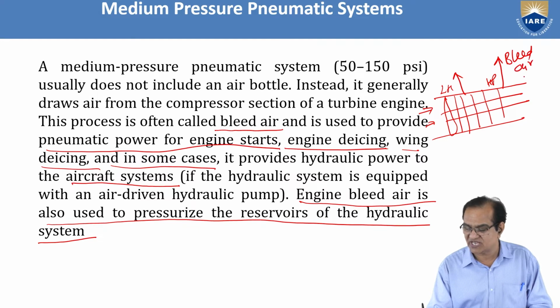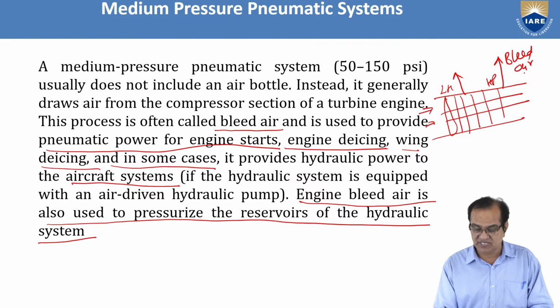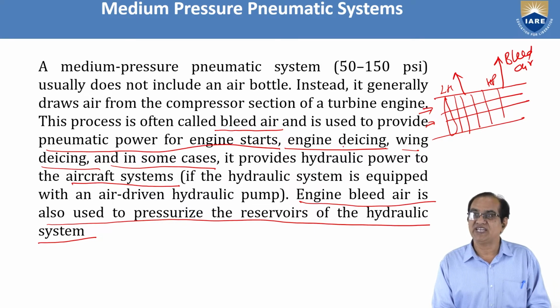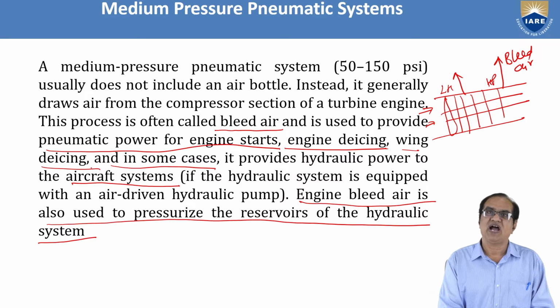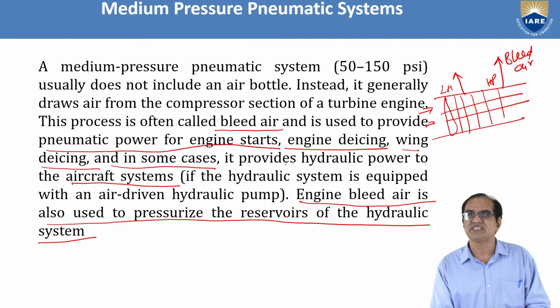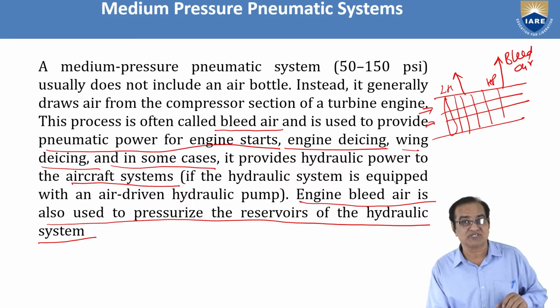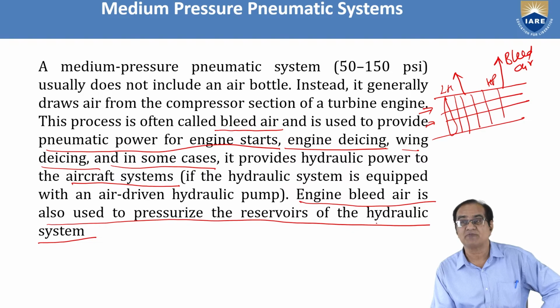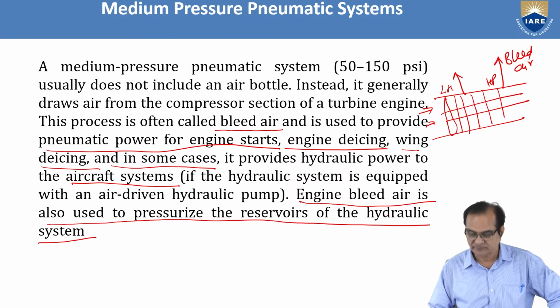Bleed air is taken from the engine, and it is used for engine startup and for engine de-icing. If ice is formed, we can de-ice it. Wing de-icing, and in some cases it provides hydraulic power to aircraft systems also. Also it is used for pressurizing the hydraulic system.